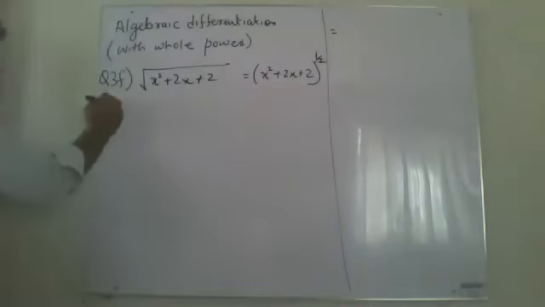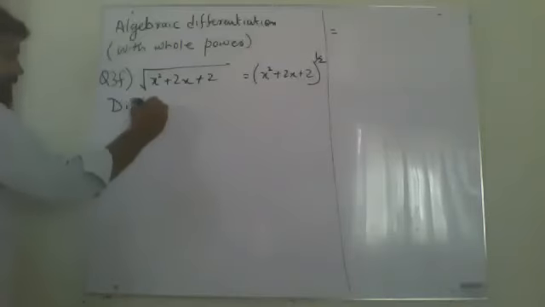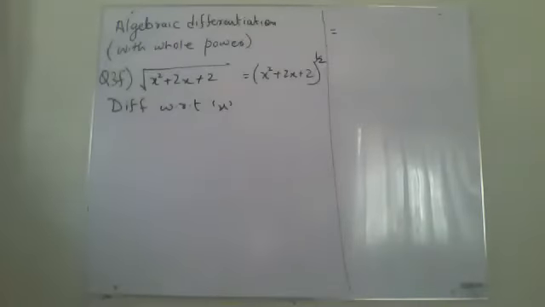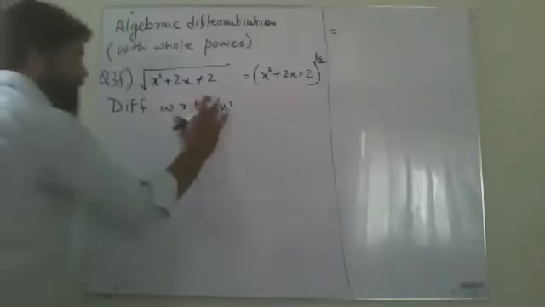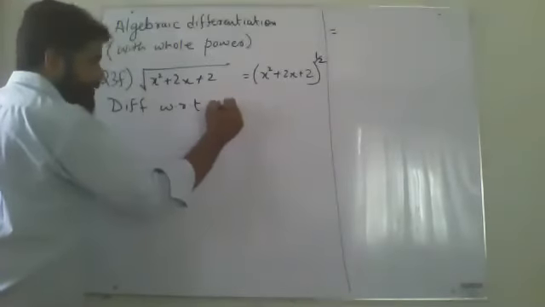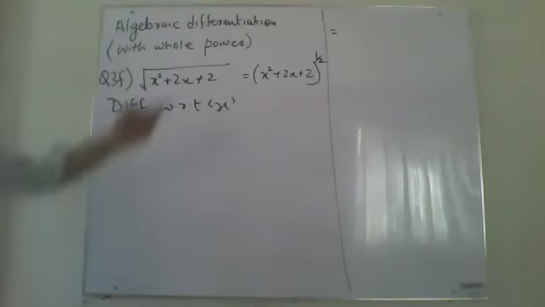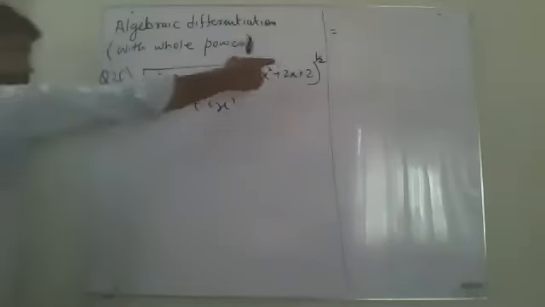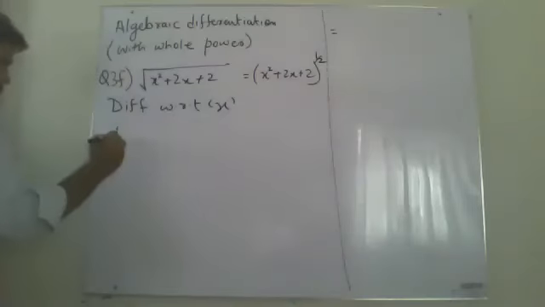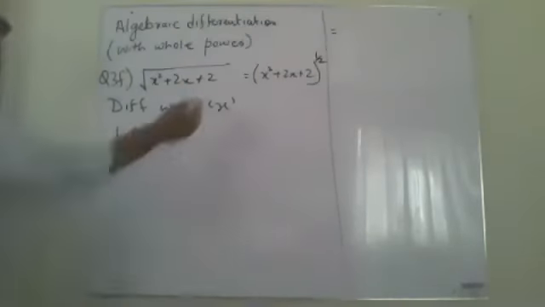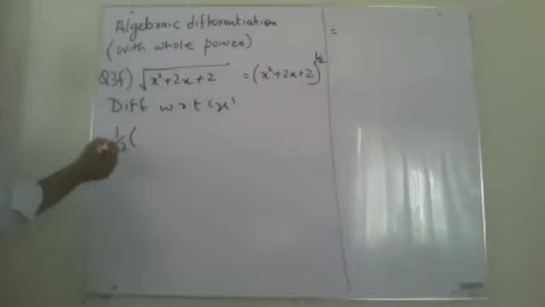After that, differentiate with respect to x. Okay, one minute, let me write it clearly so you guys can differentiate with respect to x. So first of all, the whole power will be multiplied by the coefficient, and what is the coefficient over here? Nothing is written, so it is 1.